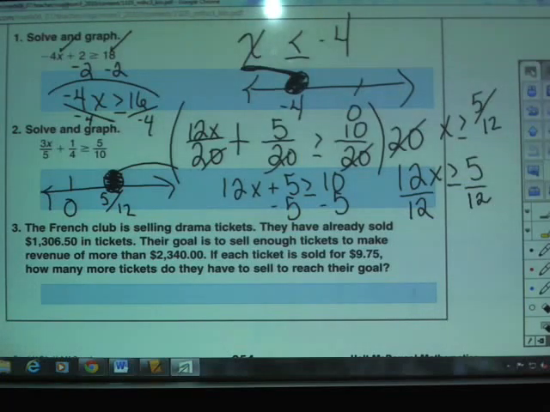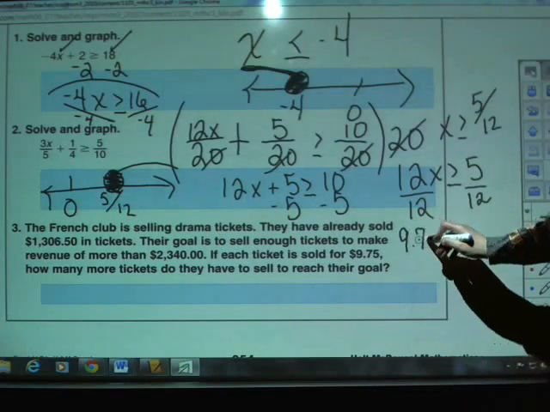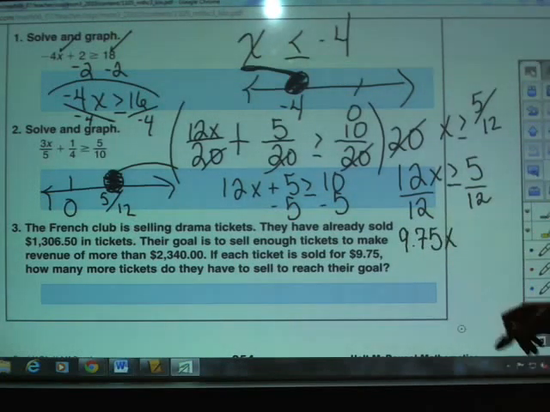All right, so what we know here is that each ticket generates $9.75. So in other words, the money they're generating can be written by writing 9.75 times x, 9.75 times the number of tickets they sell. Now, what the question says is they're trying to make $2,340, but they've already sold $1306.50.